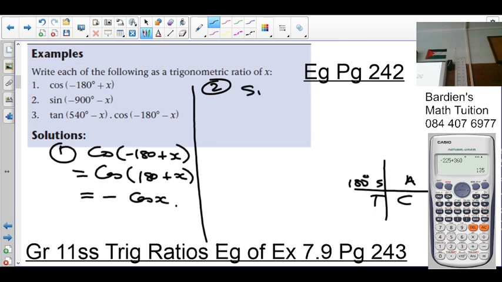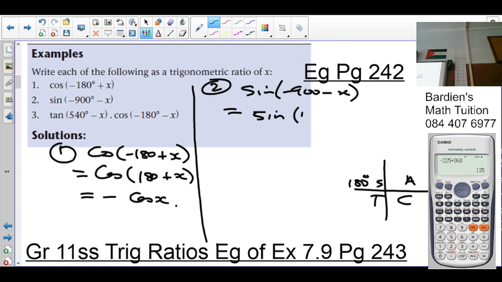Right, let's look at number 2. We got sine of negative 900 minus x. So what do I do now? Add, yes, and what? 360. Then what do we get? Sine of negative 540. So what do we do now? Add again 360. And add again 360, which gives 180.